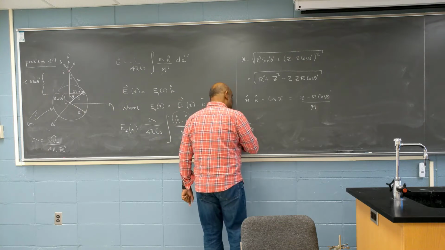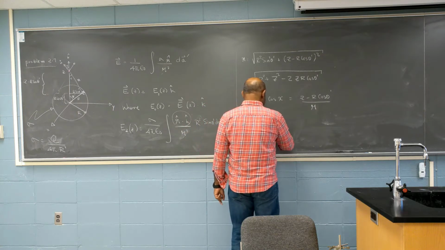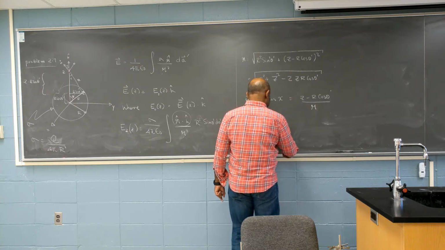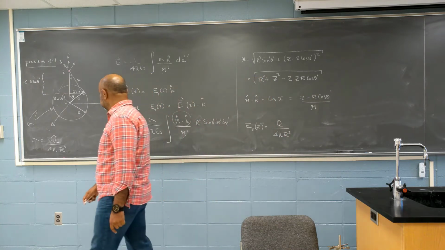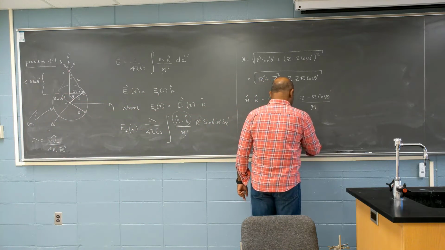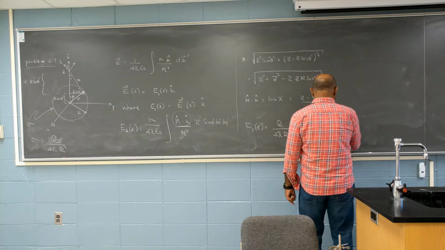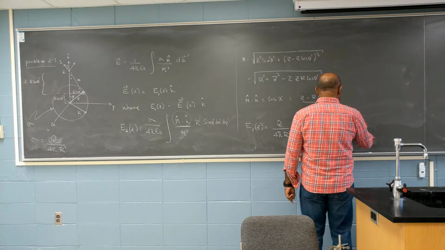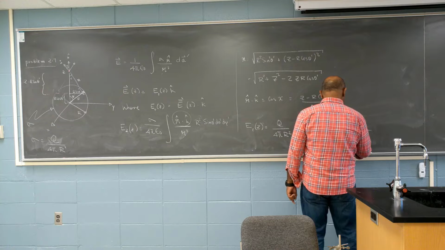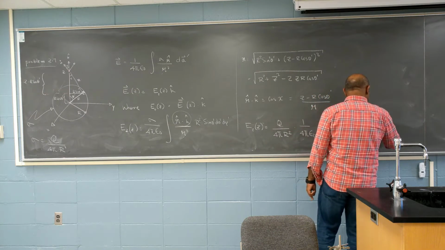And so, the z component of E, which is also only a function of z, is going to be sigma, which I want to write as Q over 4 pi r squared, and 1 over 4 pi epsilon naught, times z minus r cosine theta prime, divided by r squared plus z squared minus 2 r z cosine theta prime, d theta prime.